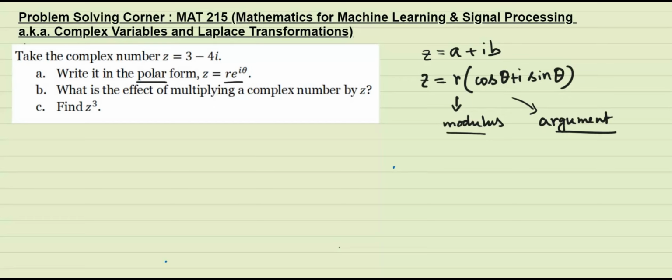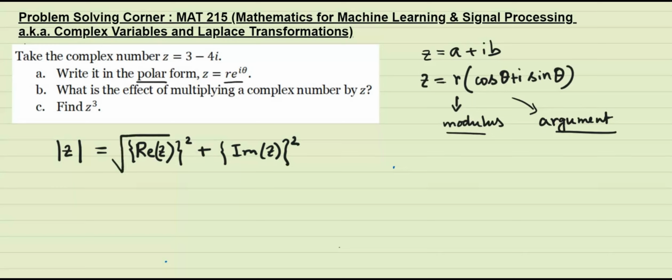So we know for a complex number, the modulus is written as two bars, inside which we write the complex number z. It is the square root of the real part squared plus the imaginary part squared.